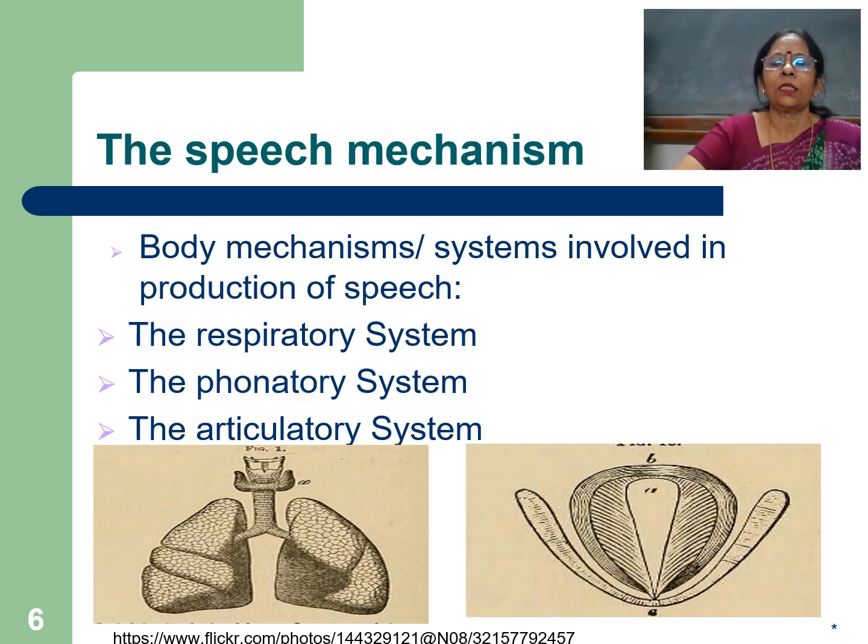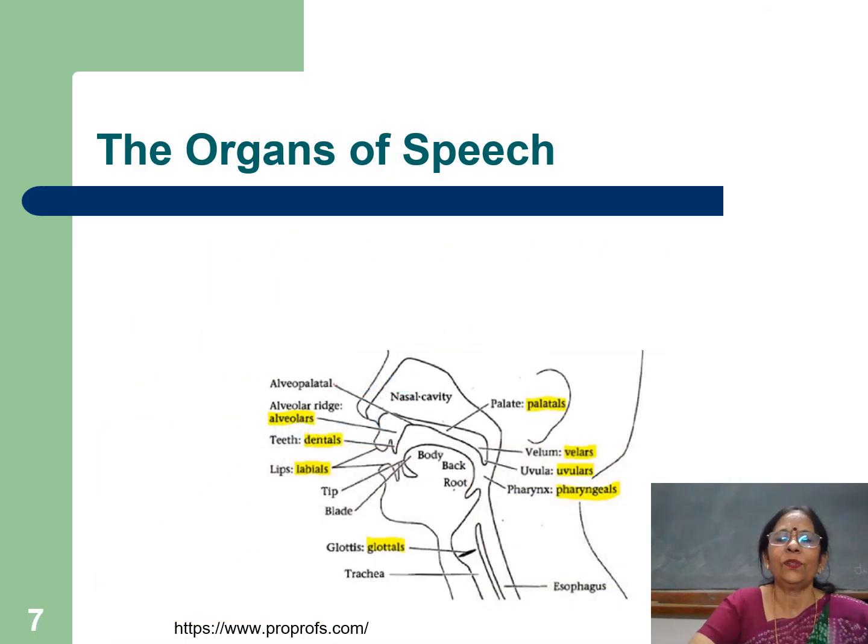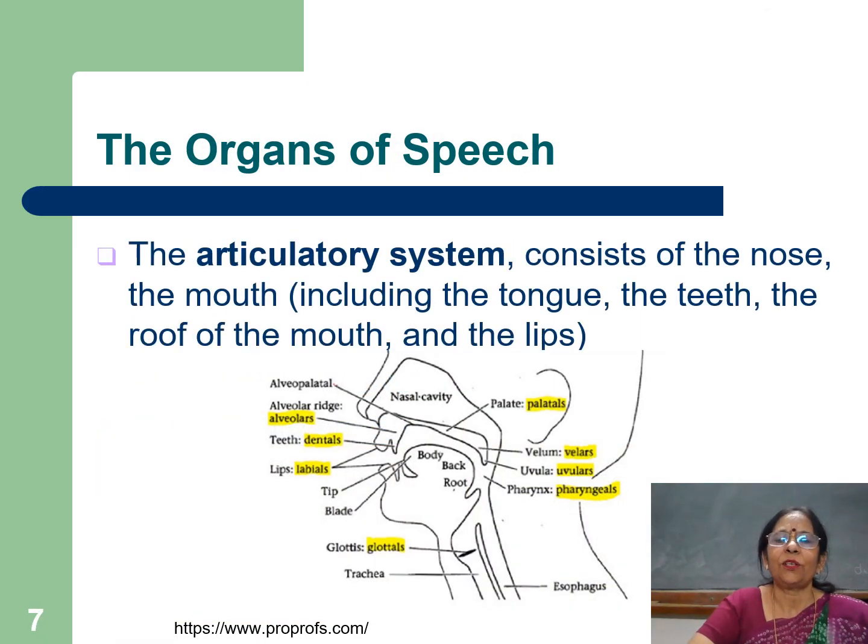The phonatory system includes the larynx, the vocal cords, and the glottis. The articulatory system consists of the nose, the mouth, including the tongue, the teeth, the roof of the mouth, and the lips.